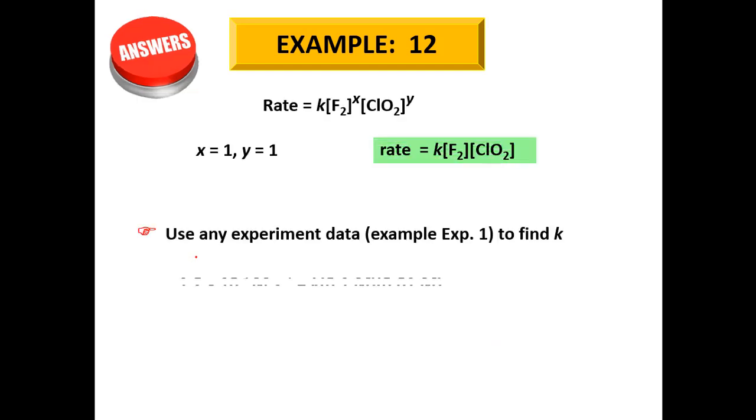Okey, so K is equals to 1.2 per molar per second. Okey, so unit kena make sure consistent lah. Okey, so daripada ni kita tahu this is a second order reaction, sebab apa, first order with respect to F2 and then first order with respect to ClO2, so overall order dia second order.